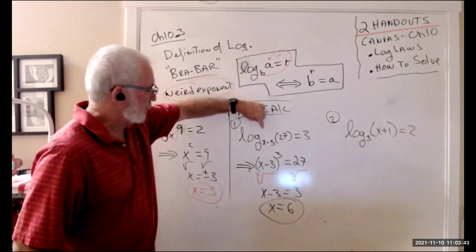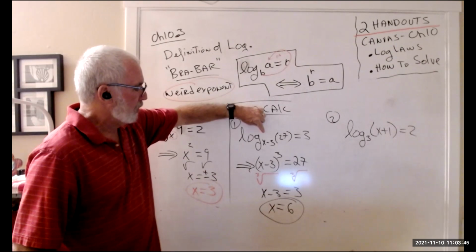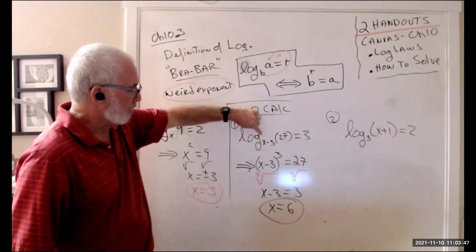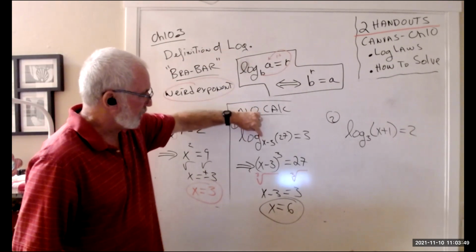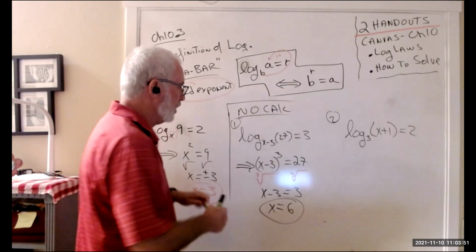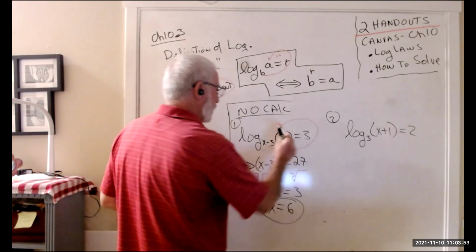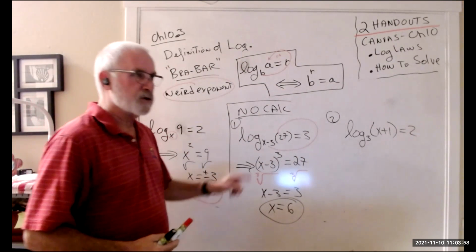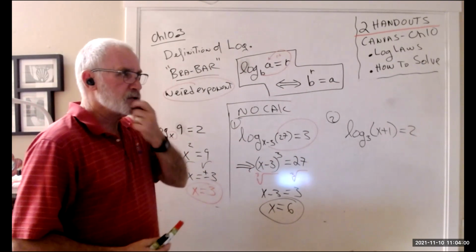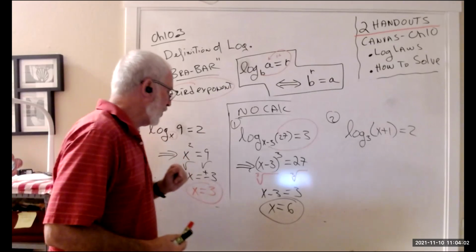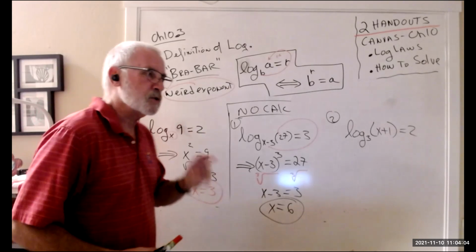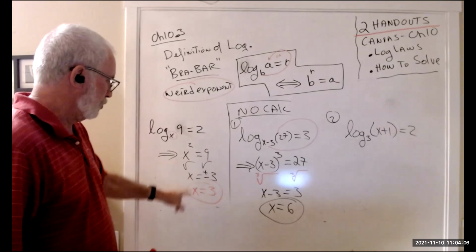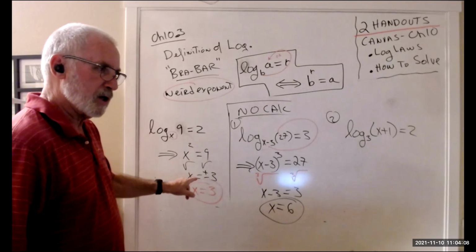So I took the first problem. I applied the definition, the Brabar rule. So I had x minus 3 raised to the 3 equals 27. Decided to cube root both sides. But remember, the only time we get plus or minus is when you square root both sides. So be careful.